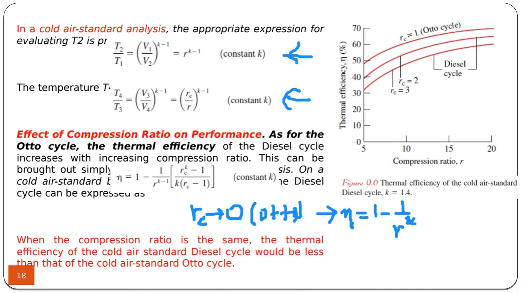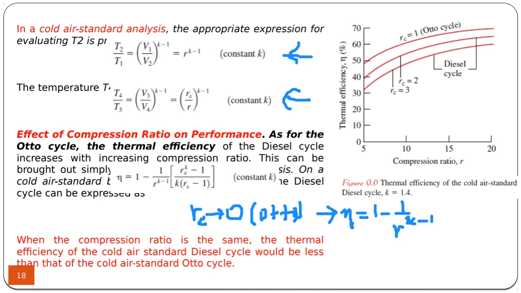It takes a little bit of math. So when the cutoff ratio becomes 0, it becomes an Otto engine. Then in this case, you get exactly the same efficiency for the cycle.